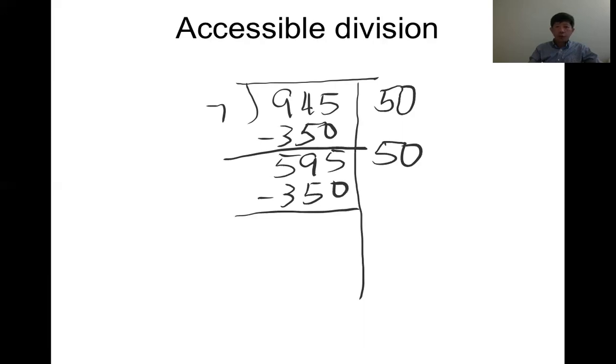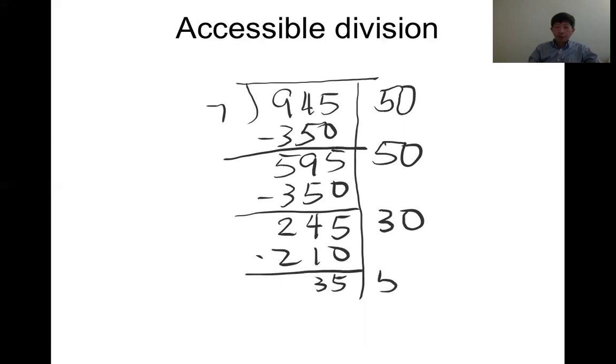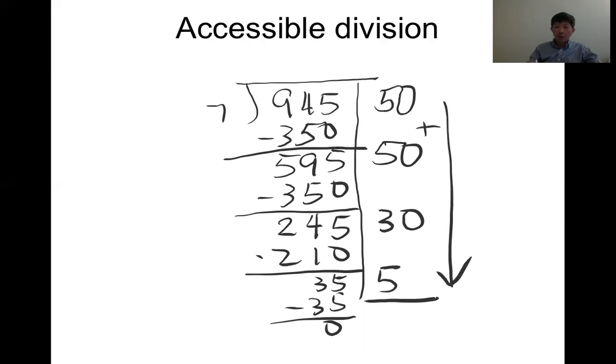So therefore, I got the 245, and then I take 30 times 7, 210, subtract, 35, right? So this time 5, 7 times 5, 35. Got 0, so therefore add up the total, 135, okay?